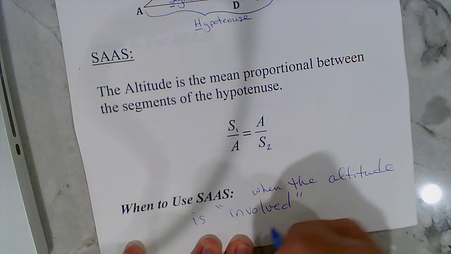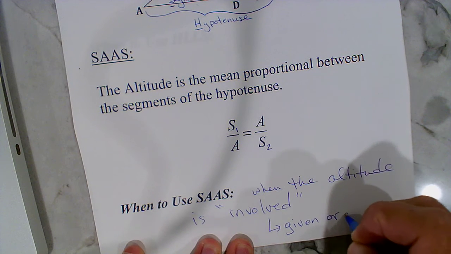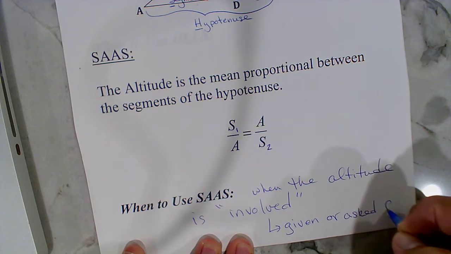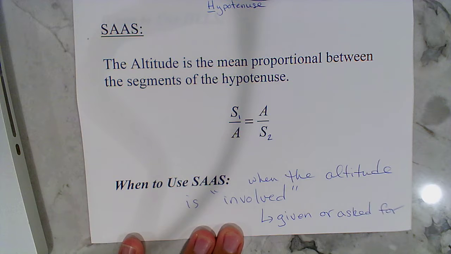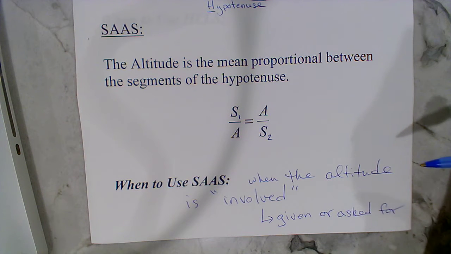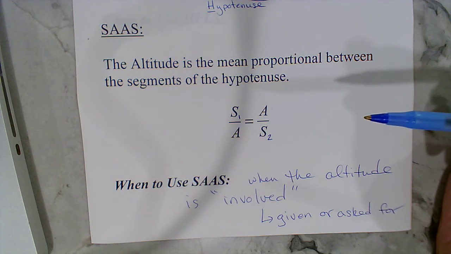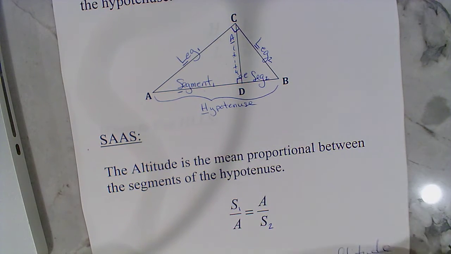What I mean by that is given or asked for. So if you're being asked to solve for the altitude, it's SAAS. If they give you the altitude, and you're talking probably about the segments then, it's SAAS. So you're going to first make that determination. Once you decide this is an HLLS and SAAS question, then you'll try to decide if it's SAAS. You'll write a proportion, cross multiply, solve it, and we'll do examples at the end.